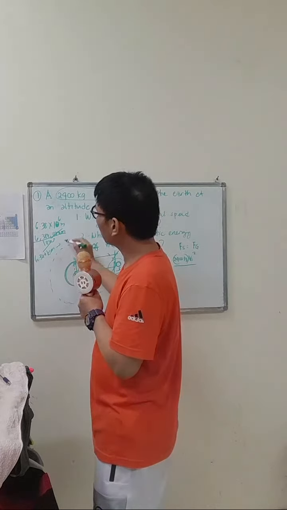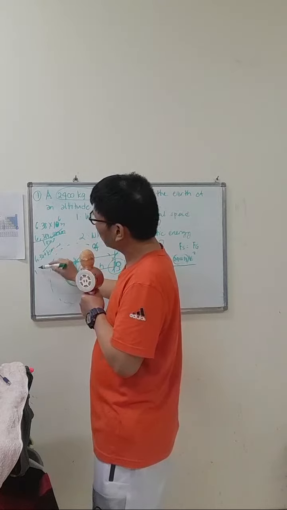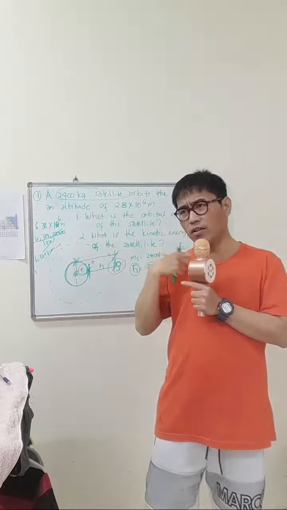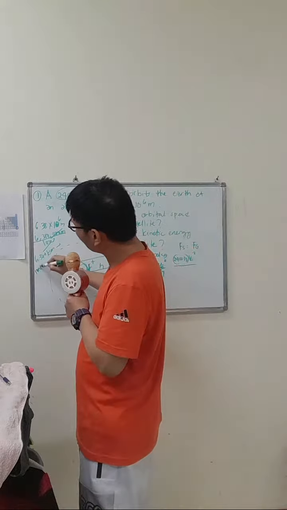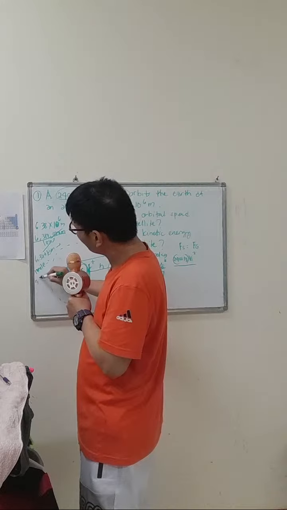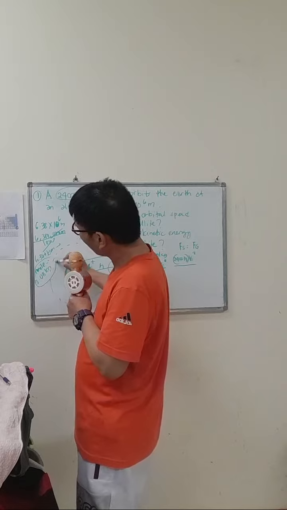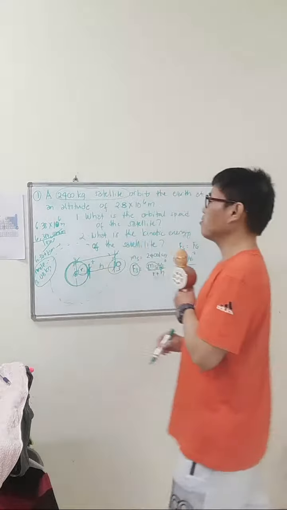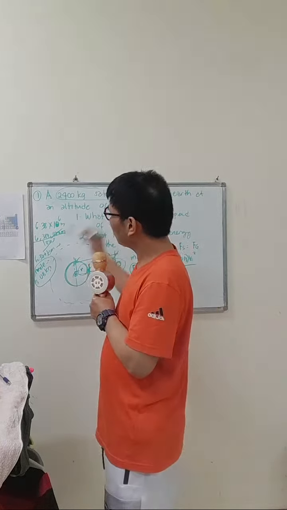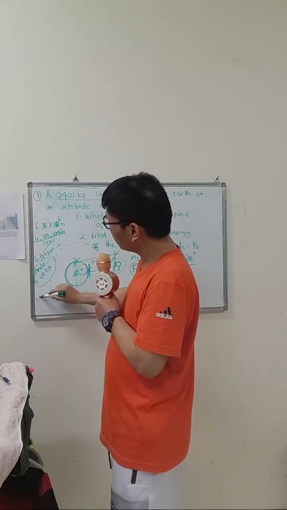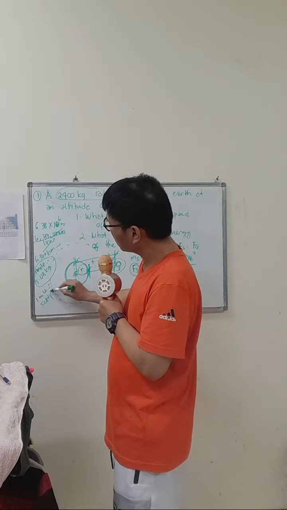So how many in miles? 1 mile is 3.08 kilometers, right? This is according to my brain cells. I memorized that before. So 1 mile is equal to 3.08 kilometers, and you also have 1 mile is equal to 5,280 feet.